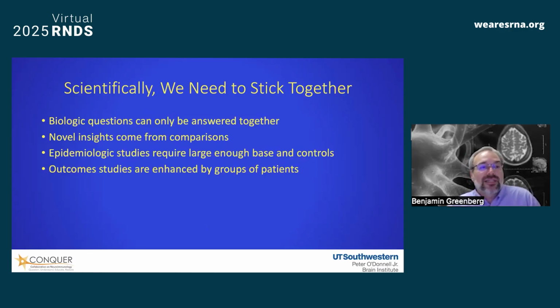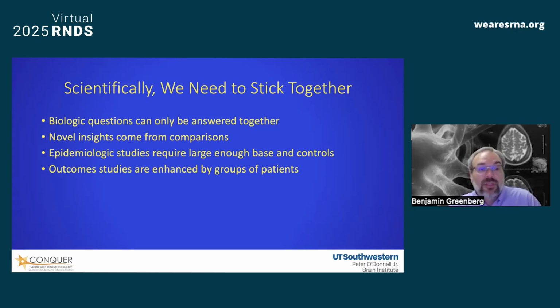So first, speaking as a scientist, it is important that we stick together. There are certain biologic questions that can only be answered together. In fact, recognition of the anti-MOG antibody as a pathogenic antibody only occurred because we recognized neuromyelitis optica patients who tested negative for the aquaporin 4 antibody had certain phenotypic features. This allows us to draw novel insights when we compare different individuals who are in different diagnostic categories.